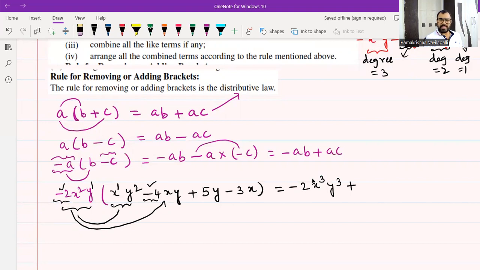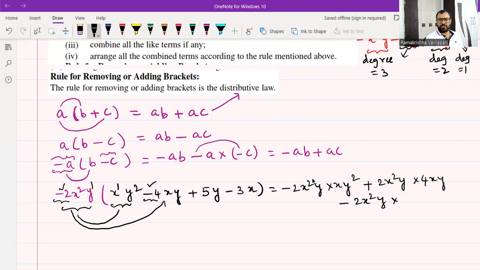Or I can write term by term like this: minus 2x square y into xy square, okay, plus 2x square y into 4xy. That minus into minus becomes plus. And plus into minus is minus. Minus 2x square y into 5y.